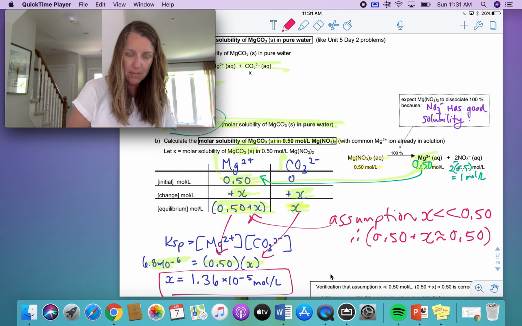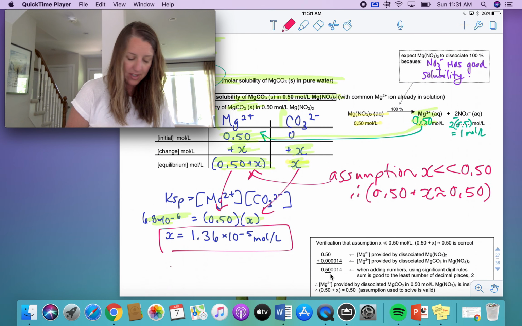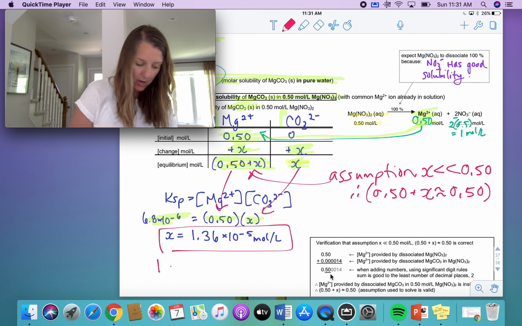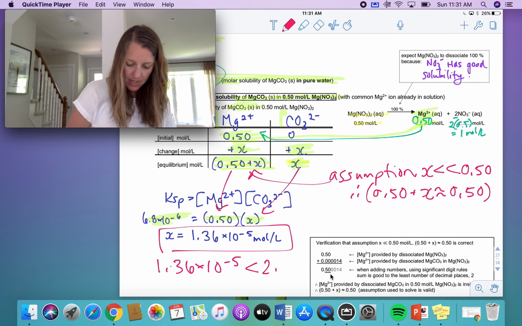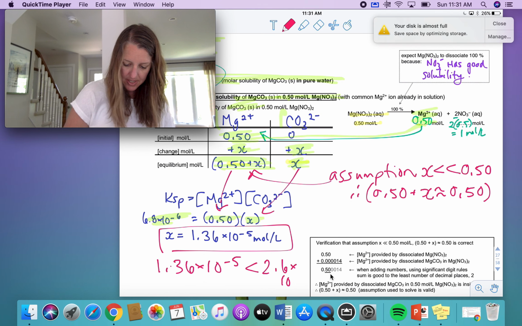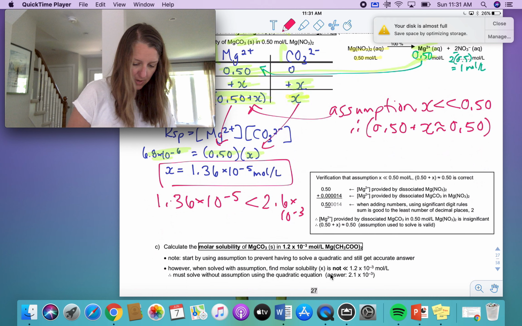The 2.6 times 10 to the negative 3 and the 1.36 times 10 to the negative 5. You are right. 1.36 times 10 to the negative 5 is a smaller number than 2.6 times 10 to the negative 3, right?